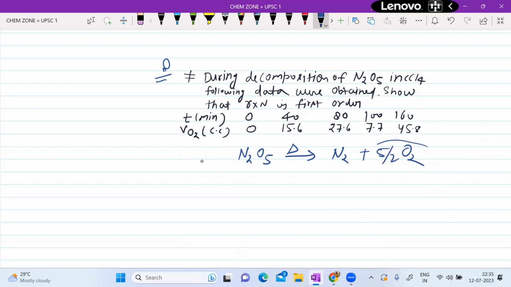And the volume of oxygen is taken as an experimental value for the measurement of rate. And the value of volume is given at different times t. So you need to prove that the reaction follows first order kinetics.